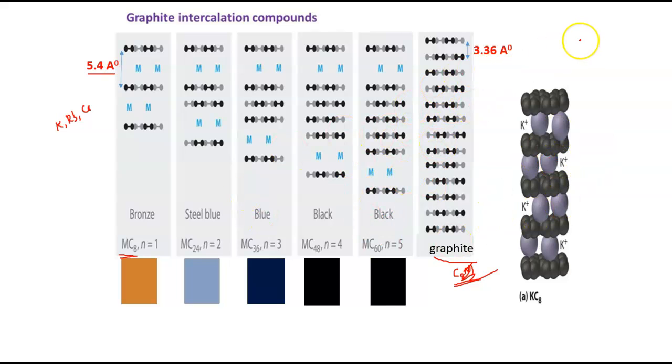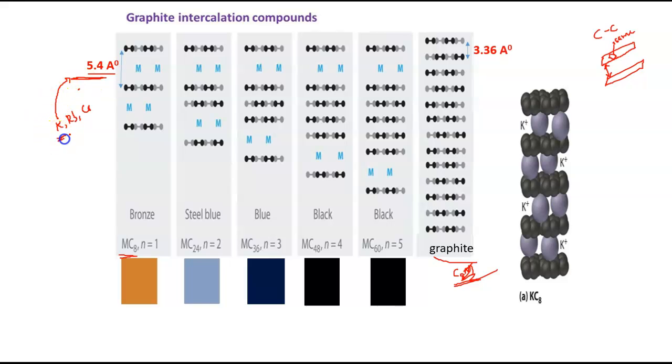So if you're considering the carbon-carbon distance within a plane, that distance is not changing. It is the same. But the interplanar distance will be increasing as you intercalate alkali metal between the layers. This is due to the entry of the metal atoms in between the two graphite layers. In this particular case we are talking about 5.4 Angstrom in potassium intercalated graphite.